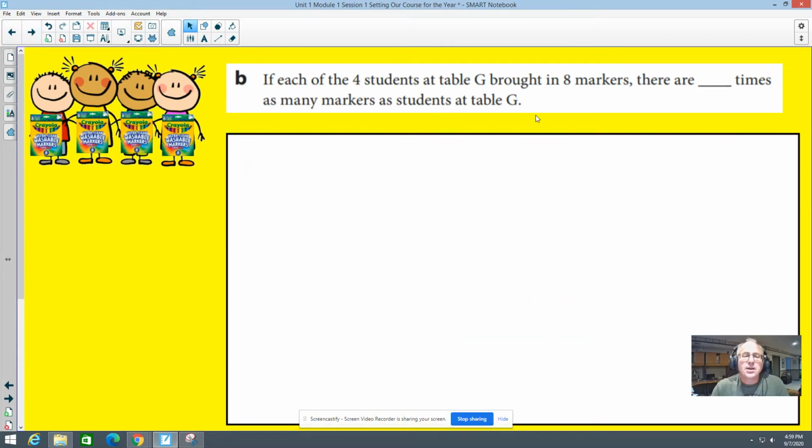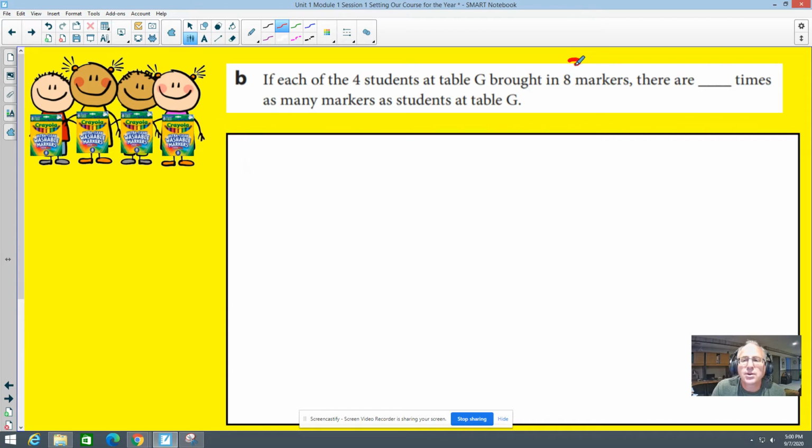All right, so here's again a trickier one. So we have to look at this and say, okay, now if each of the four students brought in the eight markers, they brought in those 32 markers, there are blank times as many markers as students. Okay, so first what I do is I sit there and say, okay, this is that 32.